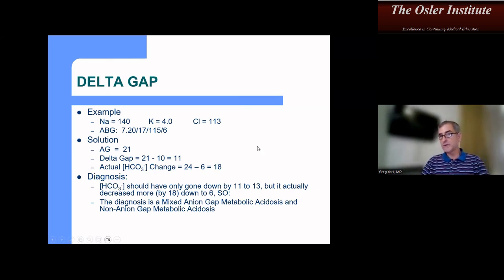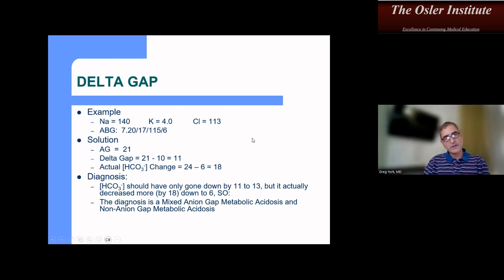Normal bicarb is 24. The delta gap tells us that that should have dropped by 11 points. So our bicarb should have gone from 24 down to 13. But our bicarb actually went down to 6.